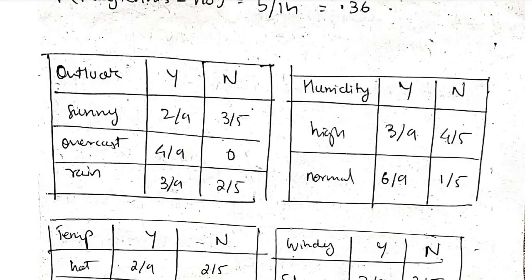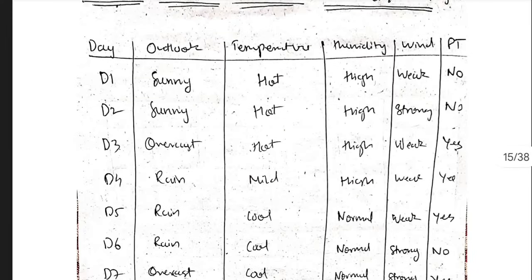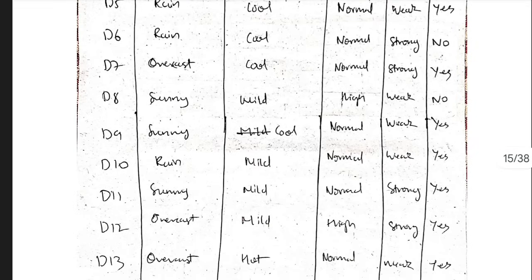I'll be just explaining one more, and the rest you should understand by yourself. For no, what you will do? How many no are there? Out of those no, how many sunny are there? See here. Where are no? There is no here. Is it sunny? Count is equal to 1. Sunny, count is equal to 2. Rain. Sunny, count is equal to 3.